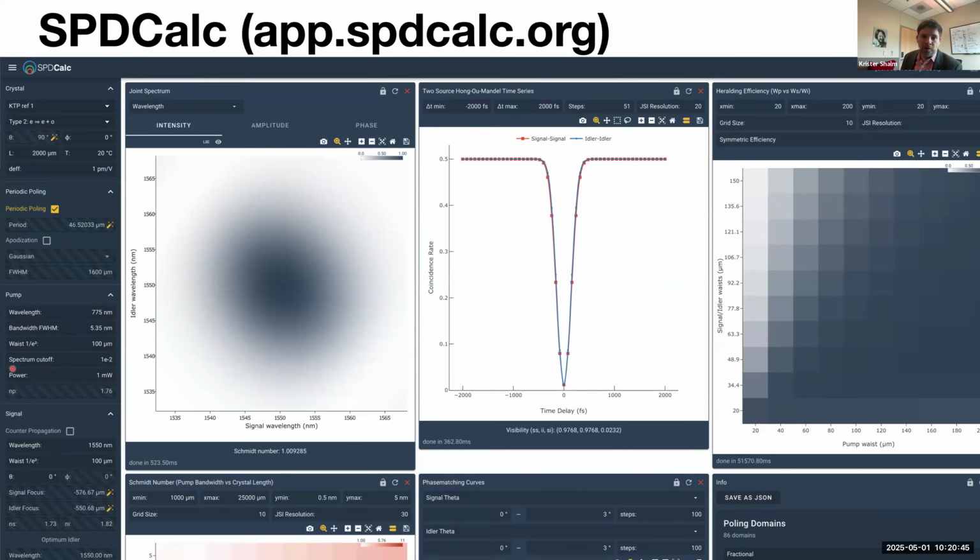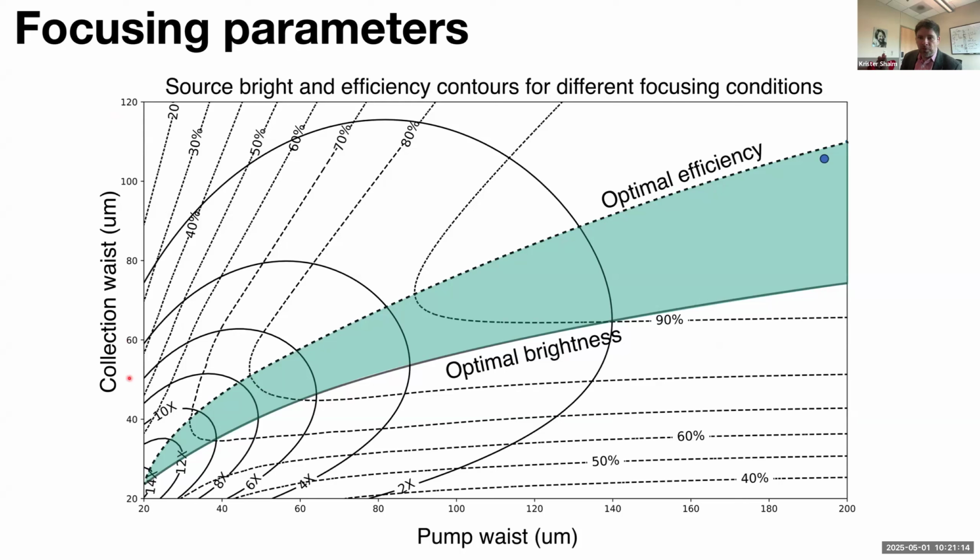So focusing parameters, you can make plots like this. Here you can say, how tightly am I focusing my pump into the crystal? So on the left-hand side, that's like a 20 micron waist versus all the way up to a 200 micron waist. And on the y-axis is how tightly am I focusing my collection for my signal and idler? And you get these contour curves where, up here is where we currently operate, our loophole-free Bell tests, really trying to get high efficiency.